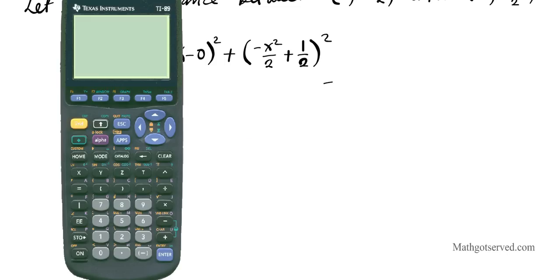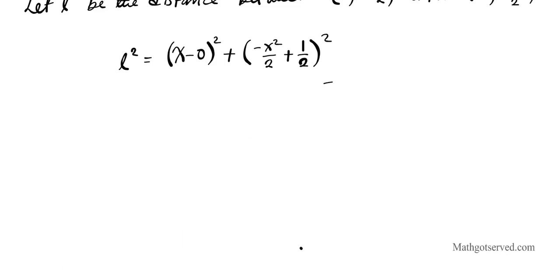Differentiate that. So the derivative of L squared is going to be 2L dL/dx equals, then we can use the chain rule here. Differentiate this: it's going to be 2 times x. x minus 0 is just x, right? 2 times x, and if you differentiate the inner, it's just times 1.